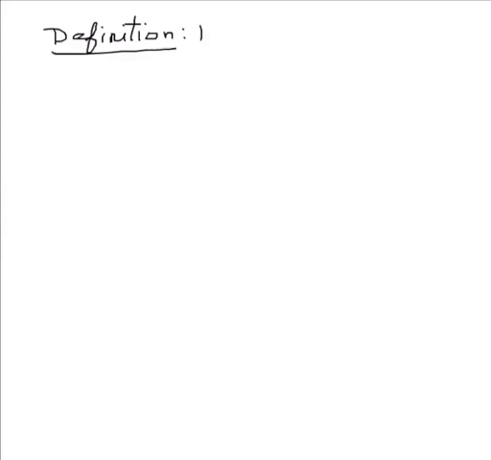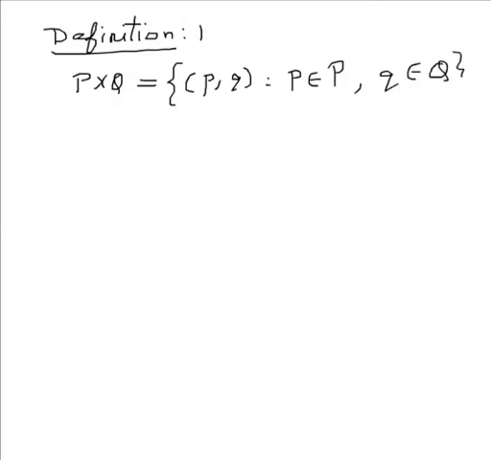Given two non-empty sets P and Q, the Cartesian product P cross Q is the set of all ordered pairs of elements (p, q) such that p is from the first set capital P and q is from the second set capital Q. We denote sets by capital letters and their elements by small letters. This is the definition of the Cartesian product in set builder form.